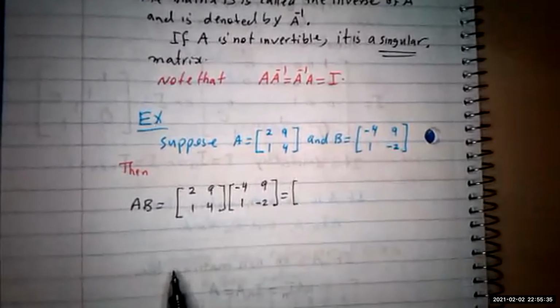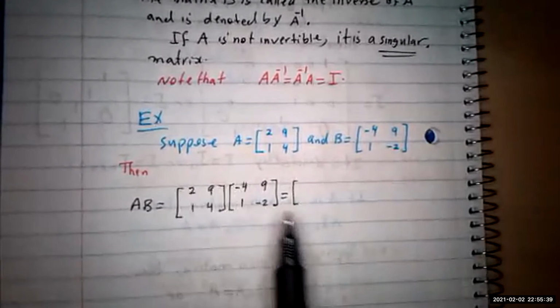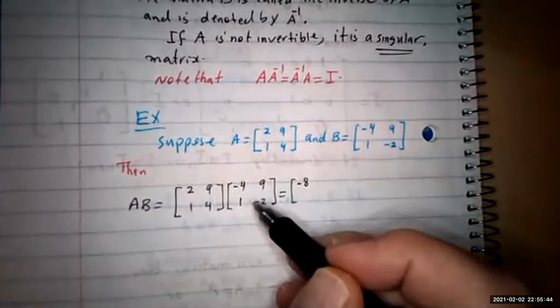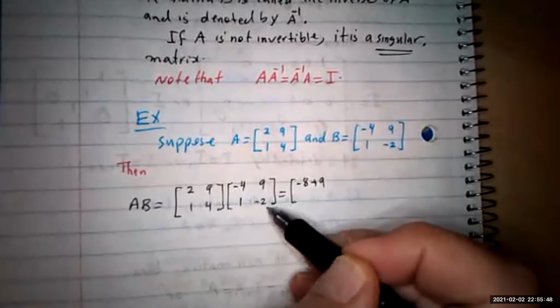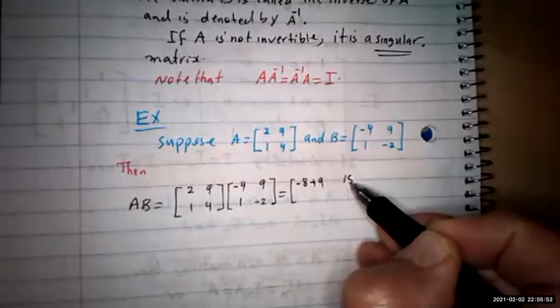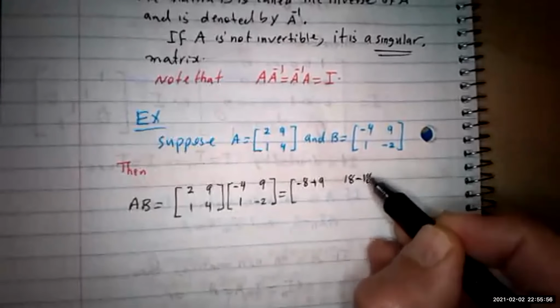Remember how you multiply, row by column. 2 times 4 gives me 8, and then 9 times -1 would be -9. I keep going. 2 times -9 would be -18, plus 18, which is 0.